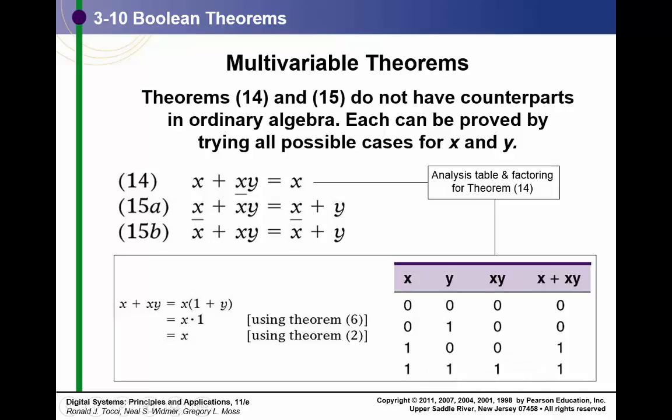Okay, and so now we get into our multivariate theorems. This one's a little bit trickier. This is one I never remember, to be honest with you, and so as I'm solving problems, I tend to forget about this one.